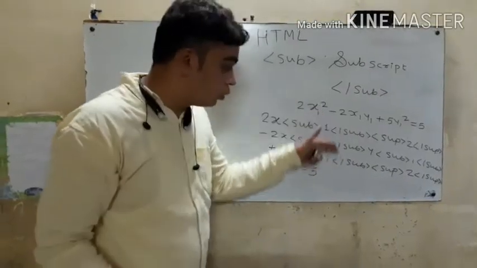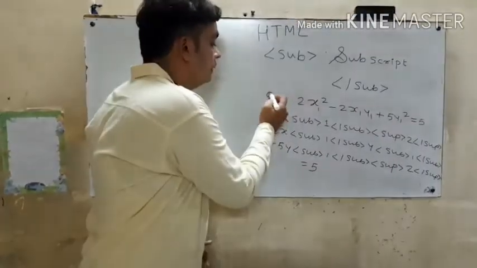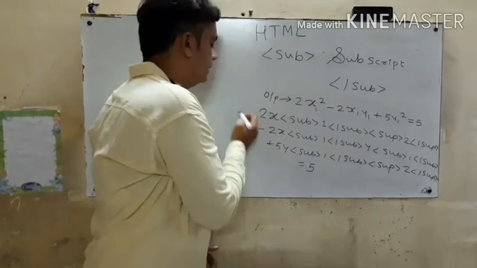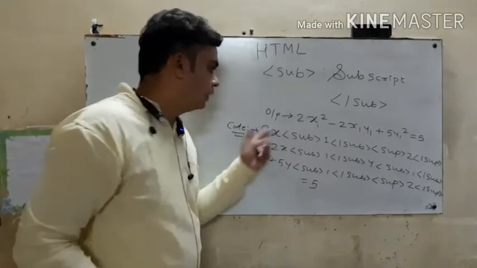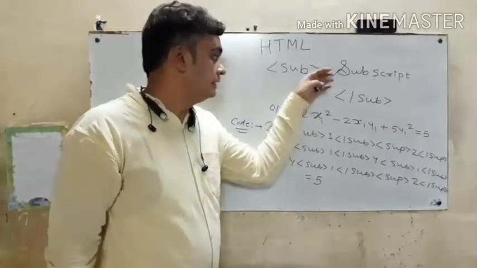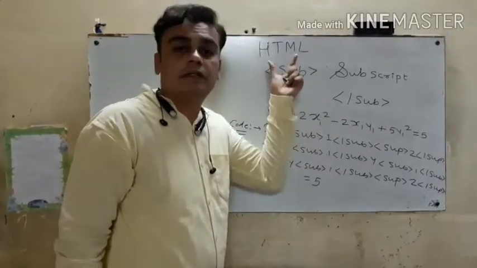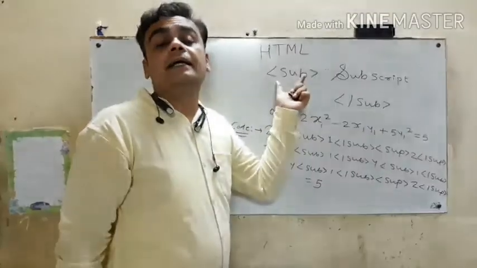It means you have to write the code like this, and then you will get the output in this format. So this is my code, and this is my output. So these are the various examples which are related with SUP tag and SUB tag.